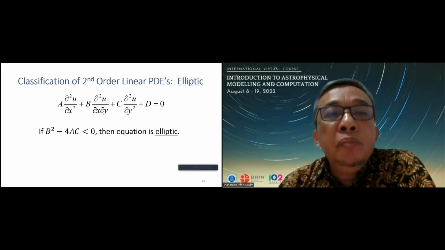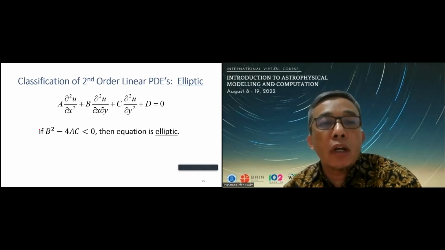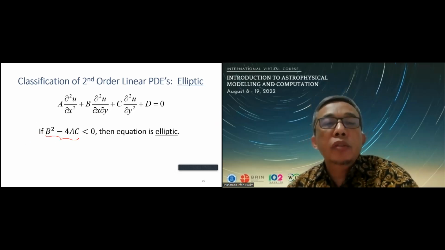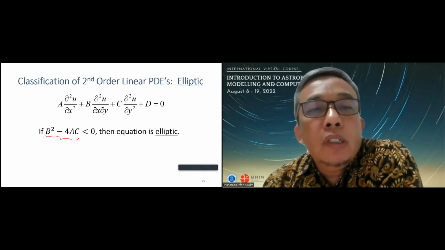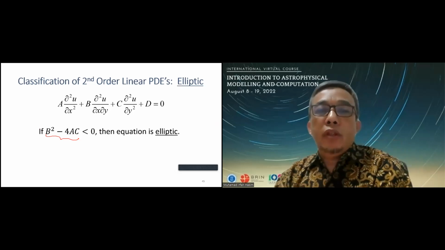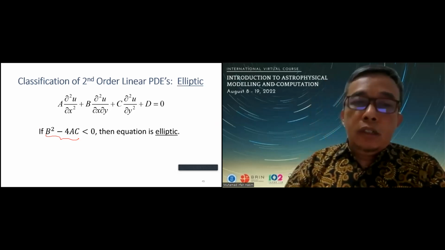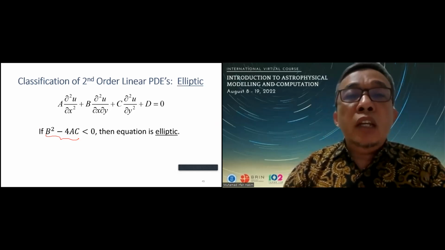How do you know it? These come from this value, b squared minus 4ac. So it is very clear, if this value is less than 0, then the equation is elliptic.